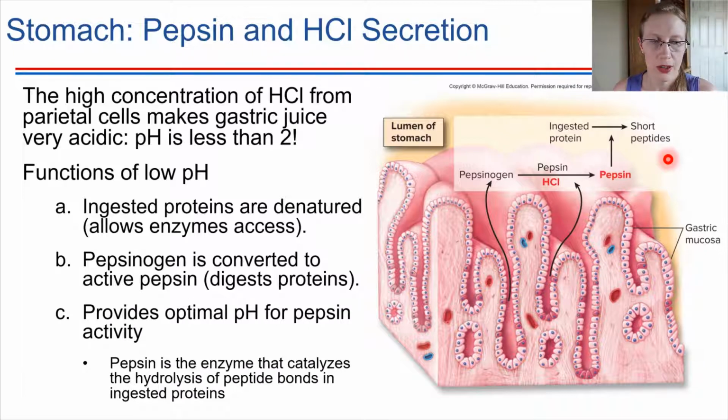Once pepsin is produced, it has an optimal pH range. Remember, all enzymes do. Pepsin's optimal pH range is right about pH 2, so this helps pepsin to work very effectively in the acidic environment of the stomach. This acidic environment inactivates other enzymes. Remember, we said in the mouth, salivary amylase starts the digestion of starch.